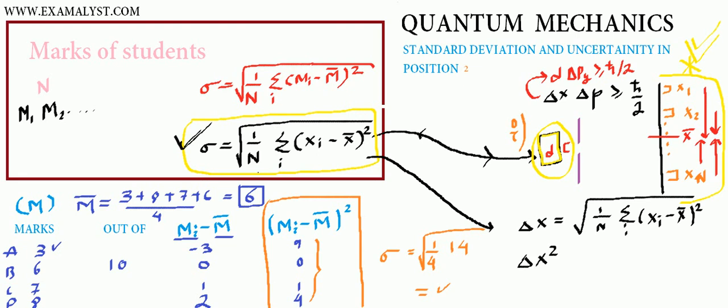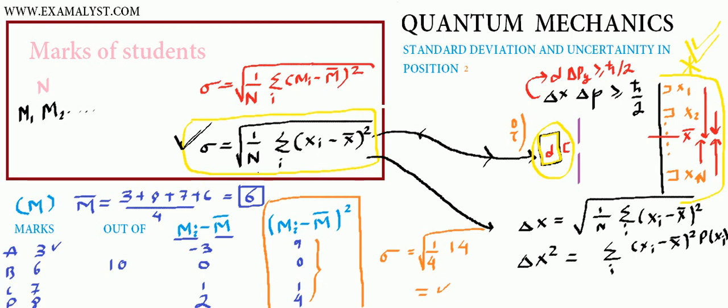If you do the square, you see that this quantity inside the square root can also be written as summation over i of (x_i minus x bar) whole square, and then I will write here the probability of finding at position x_i.